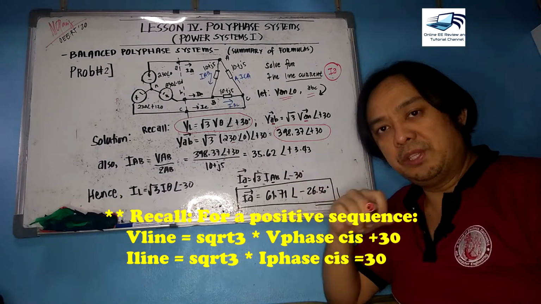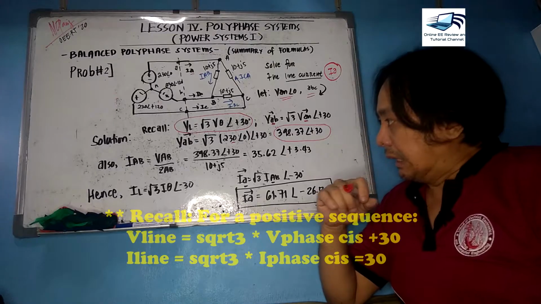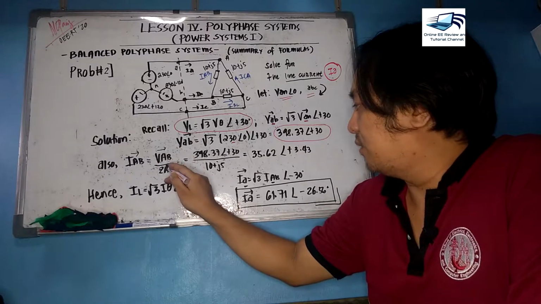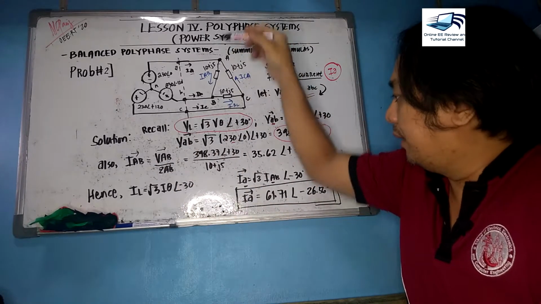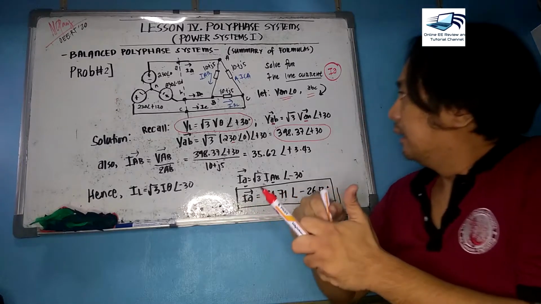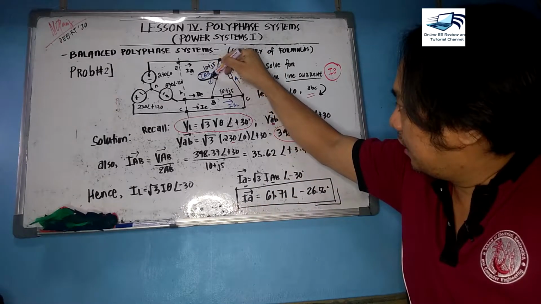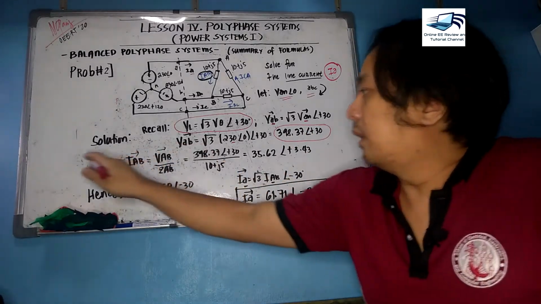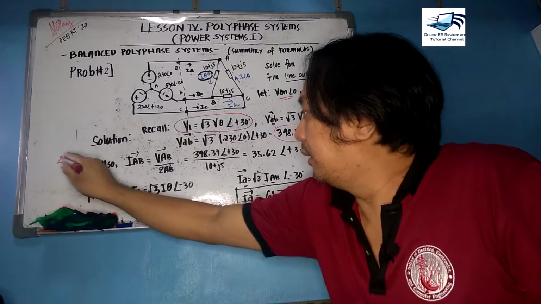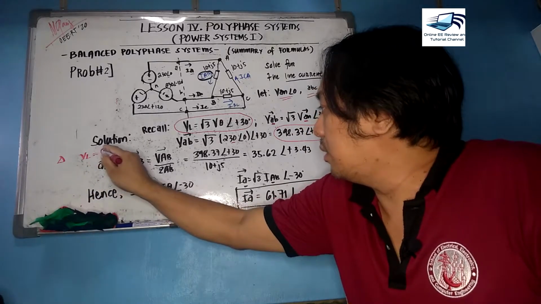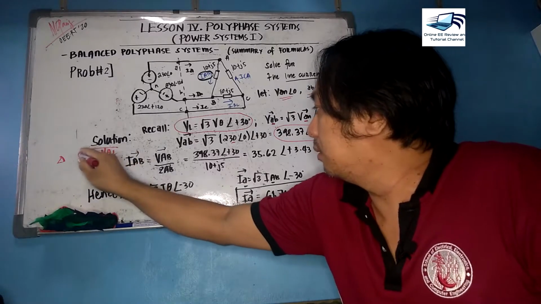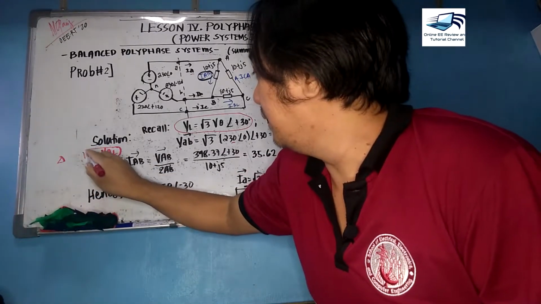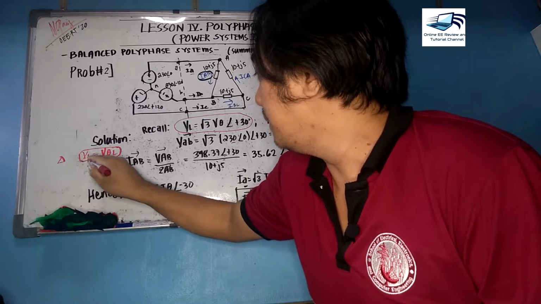So it is easy to understand, right? Now, talking about the phase currents flowing on this delta connected load, we can get one, specifically your IAB. To get IAB, recall again that in a delta connected load, the line voltage is also equal to the phase voltage of the load. So line voltage VL is equal to the phase voltage of the load.